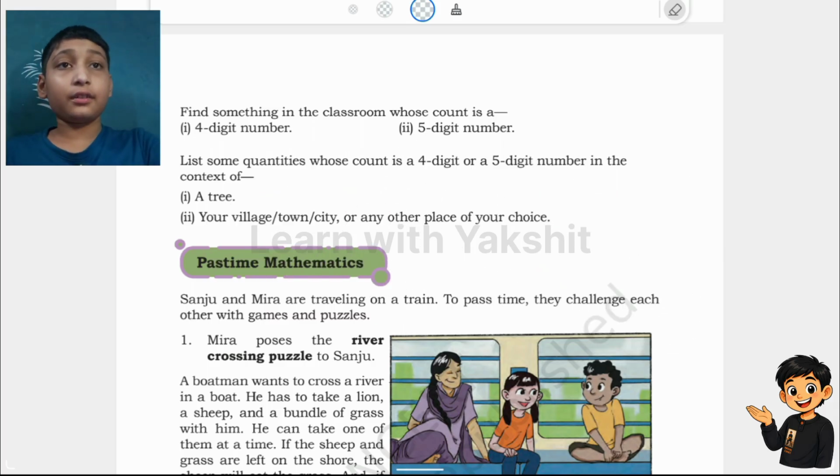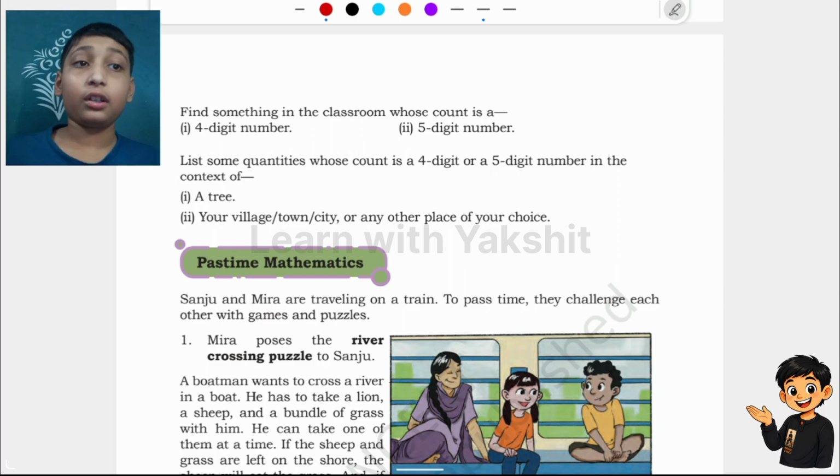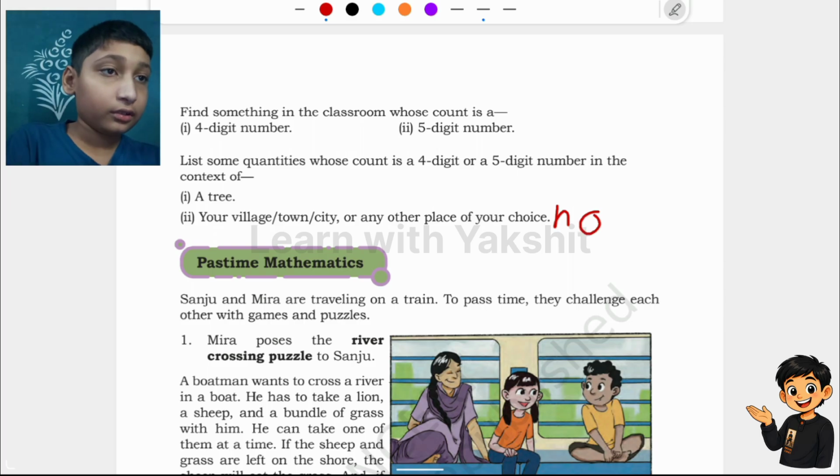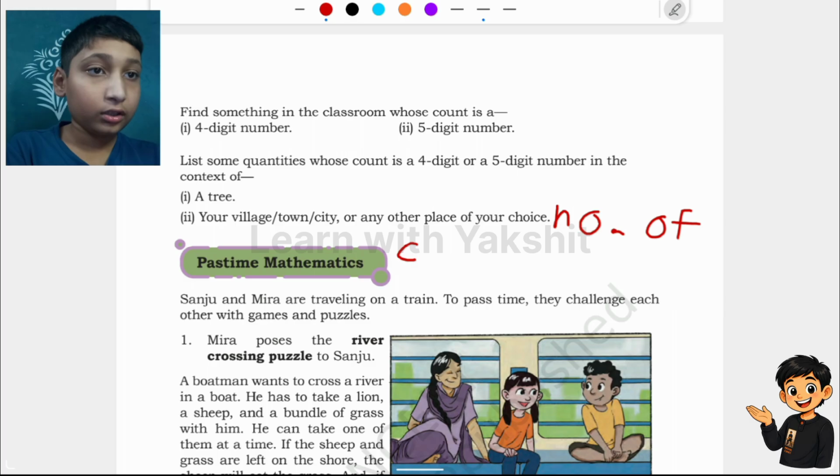Now your village, town, city, or any other place of your choice. For the first one I could do a farm: number of crops in a farm.